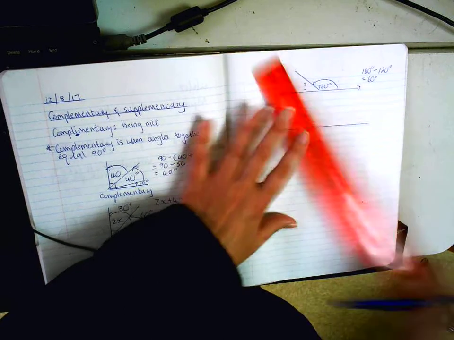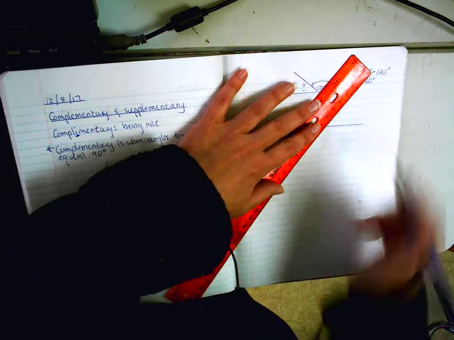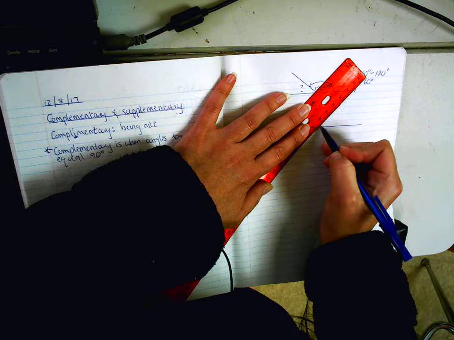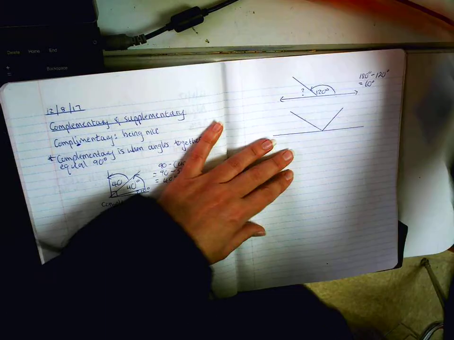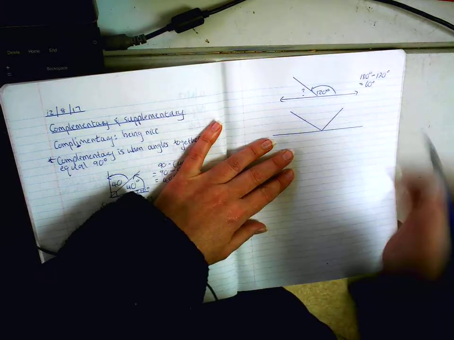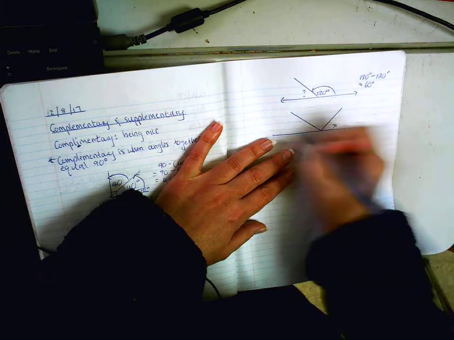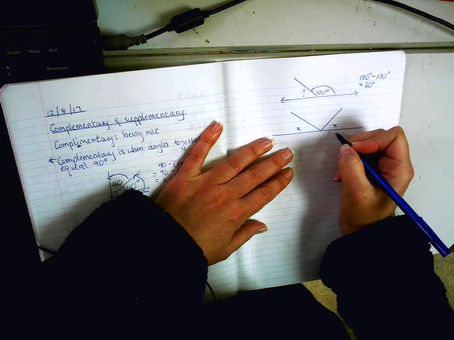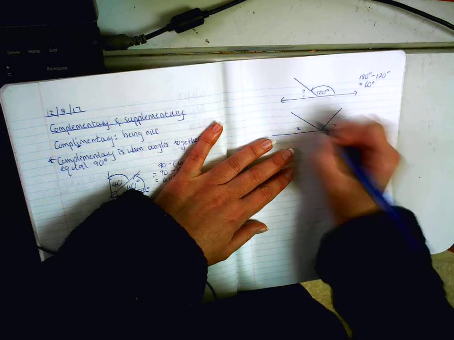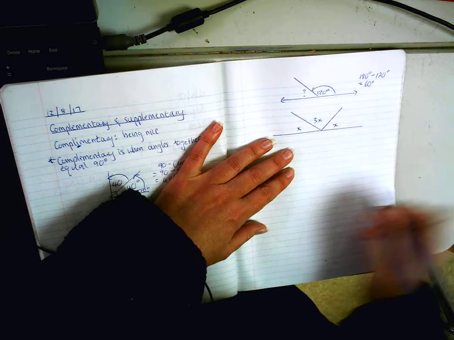Okay, here we go. So let's make this one like this, and that one like, ooh, this is interesting. And I'm going to do this. This is x, this is x, and this is, let me see, 3x, just for the fun of it.